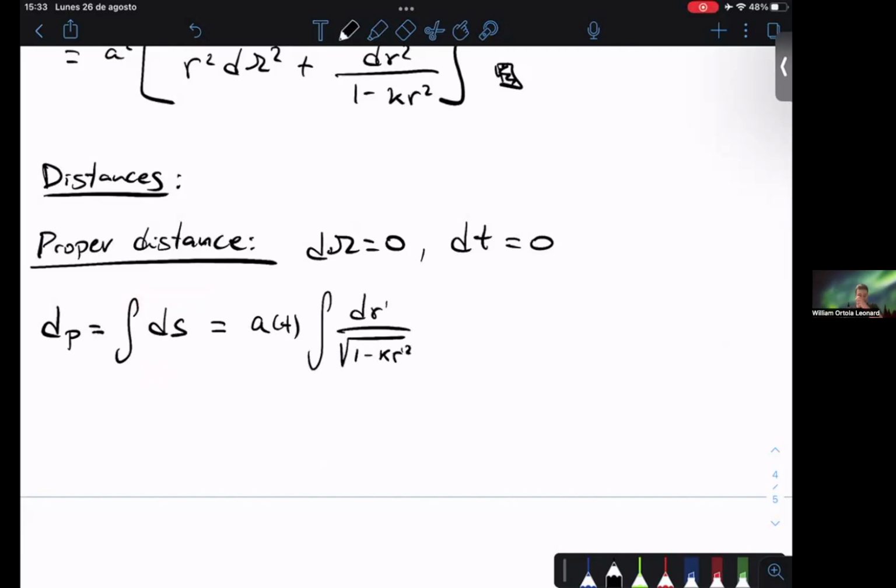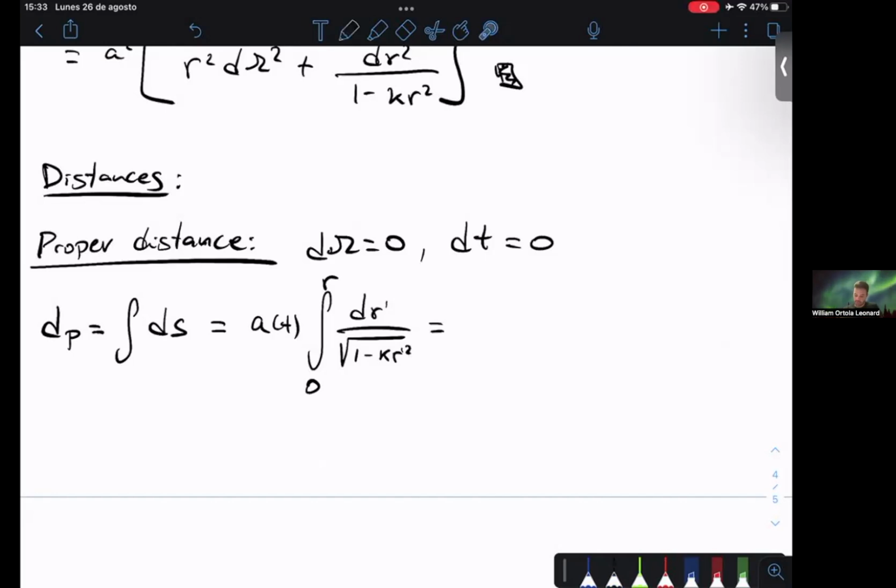And then this is going to be evaluated from the origin of our coordinate system, which is us, all the way to that specific coordinate, or all the way to that galaxy, which is at a distance r, okay?